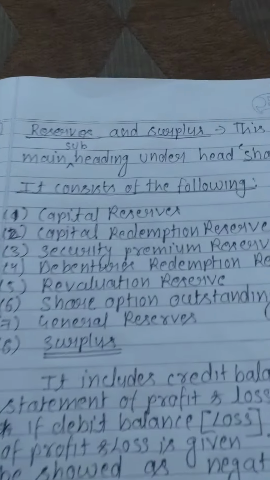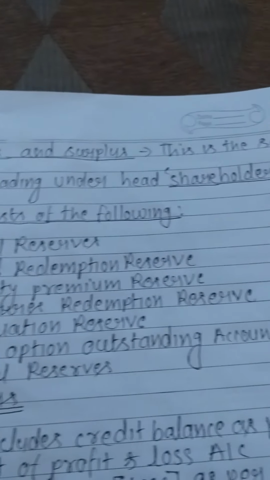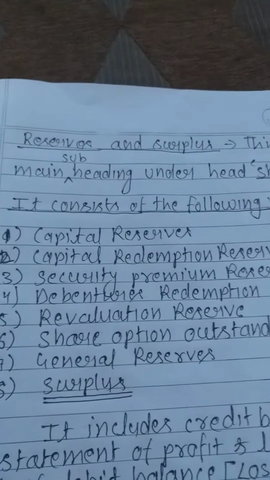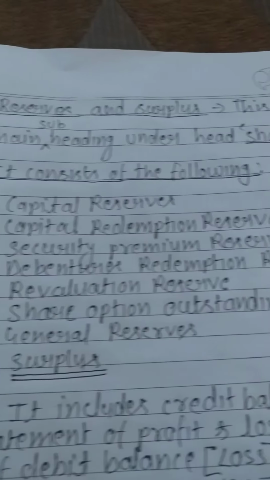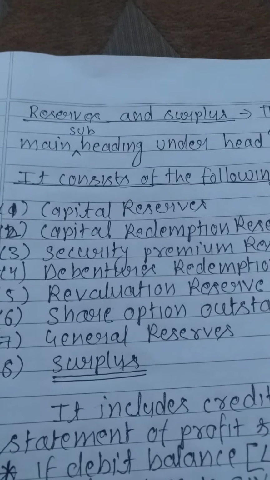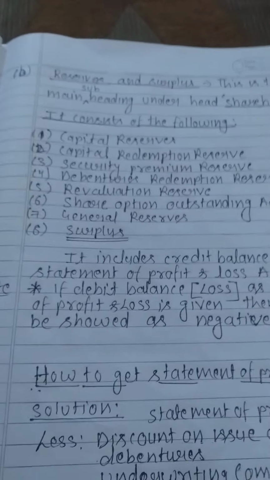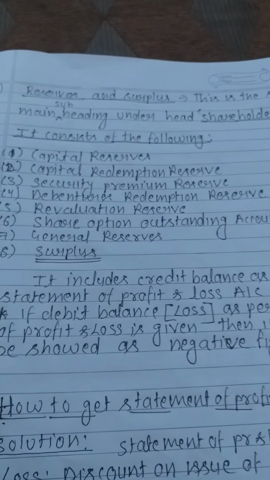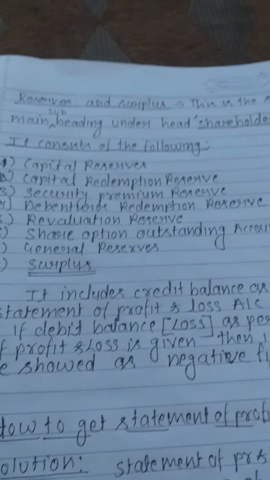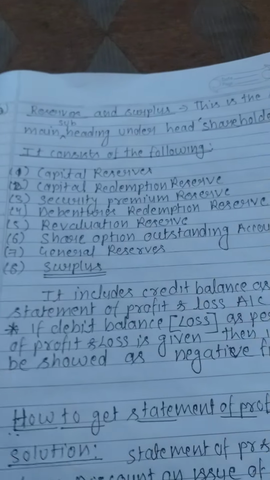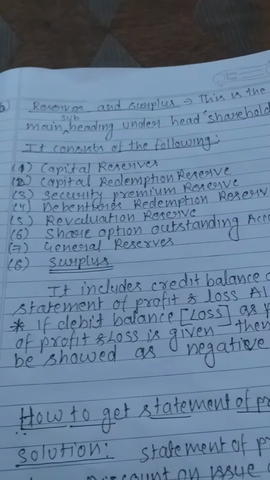Now our second heading is reserves and surplus. This is the second main subheading under the head shareholders fund. It consists of the following: capital reserve, capital redemption reserve, securities premium reserve, debentures redemption reserve, revaluation reserve, share options outstanding account, general reserves.